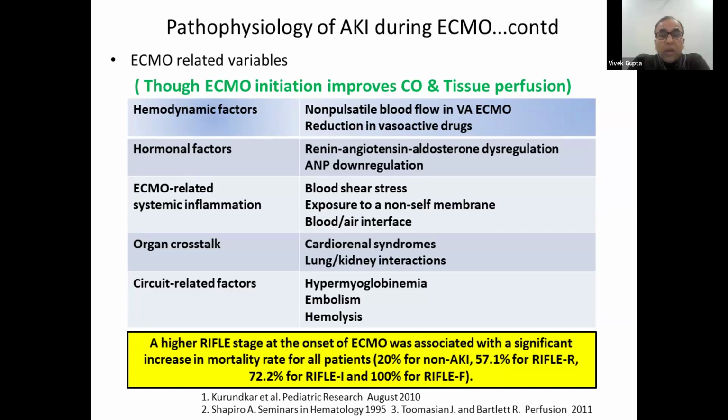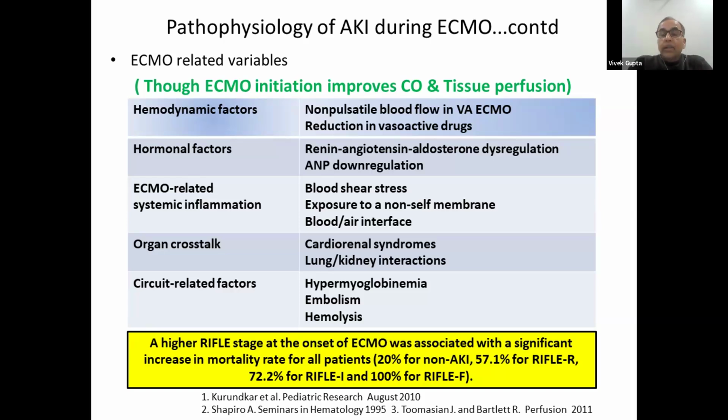Moreover, there is dysregulation of the renin-angiotensin system or ANP downregulation. Systemic inflammatory response because of the circuit, the foreign material of the circuit, the blood-air interface, all lead to shear stress. Moreover, organ crosstalk and circuit-related factors lead to hemolysis or hypermyoglobinemia.